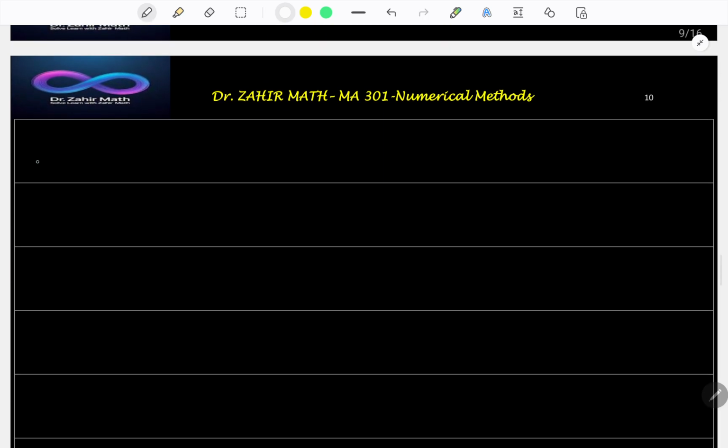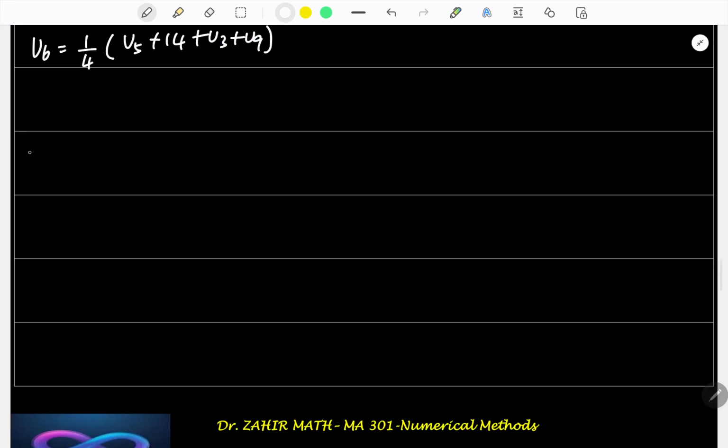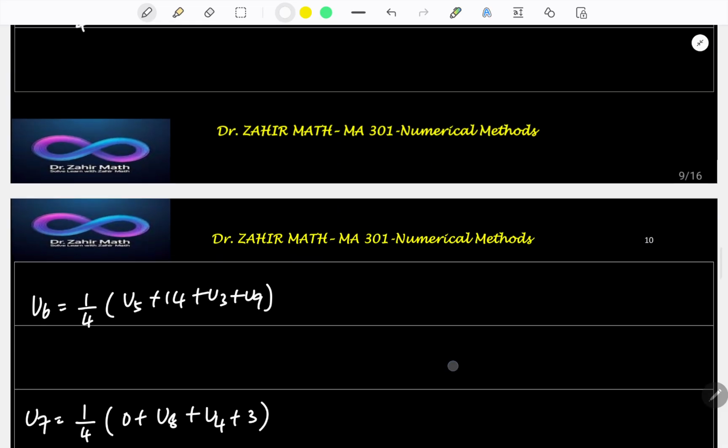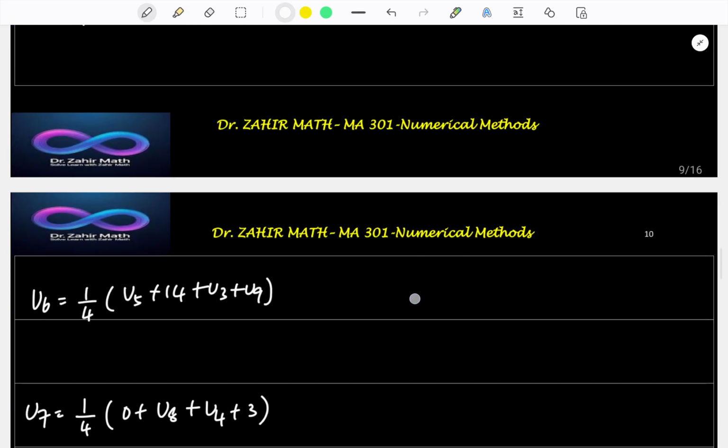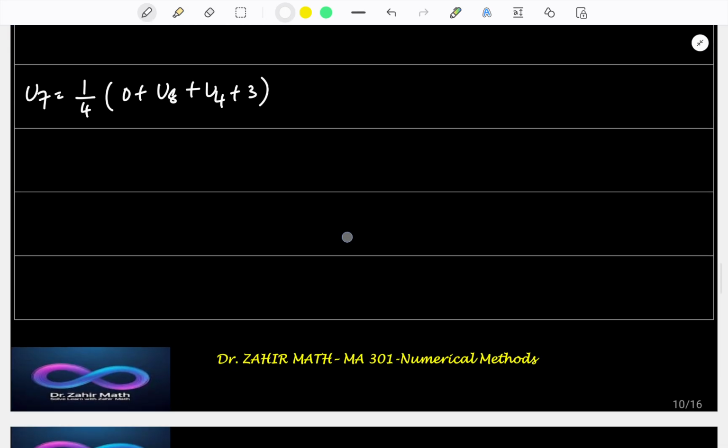Then u6 is equal to 1 by 4 bracket open, u5 plus 14 plus u3 plus u9. And u7 is equal to 1 by 4 bracket open, 0 plus u8 plus u4 plus 3. Let me recollect again: u7 is 0, u8, 3, u4, correct.